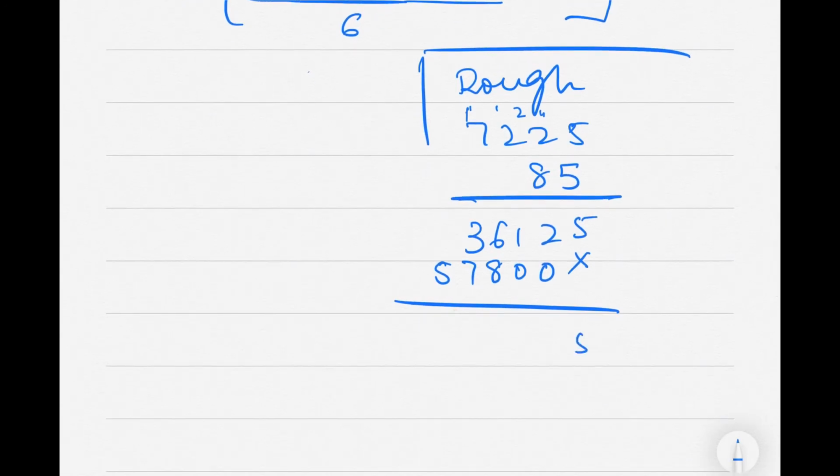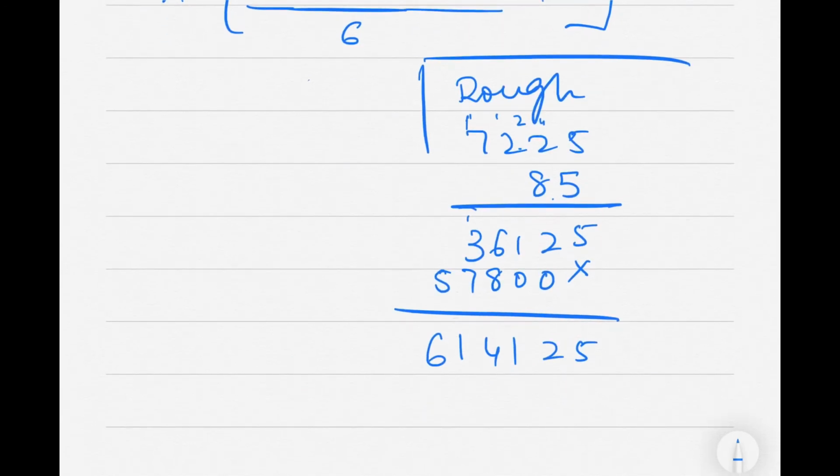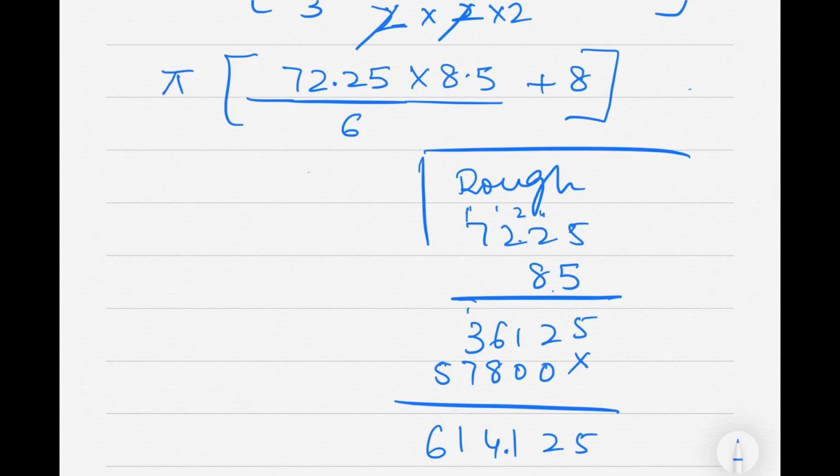So I get 614125. And how many decimal points? There were 3 decimal points, right? So 72.25 and 8.5, so 3 decimal points. So I get 614.125. Okay, so now this was my rough work.